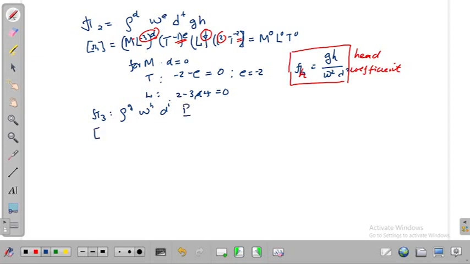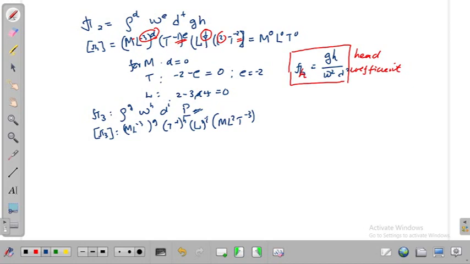So here again we consider the dimensions of pi 3, and that will be equals to, for the mass it will be m l power -3 power g, omega is t -1 power h, and d is l power i. Then for our p we will have m l squared t power -3.